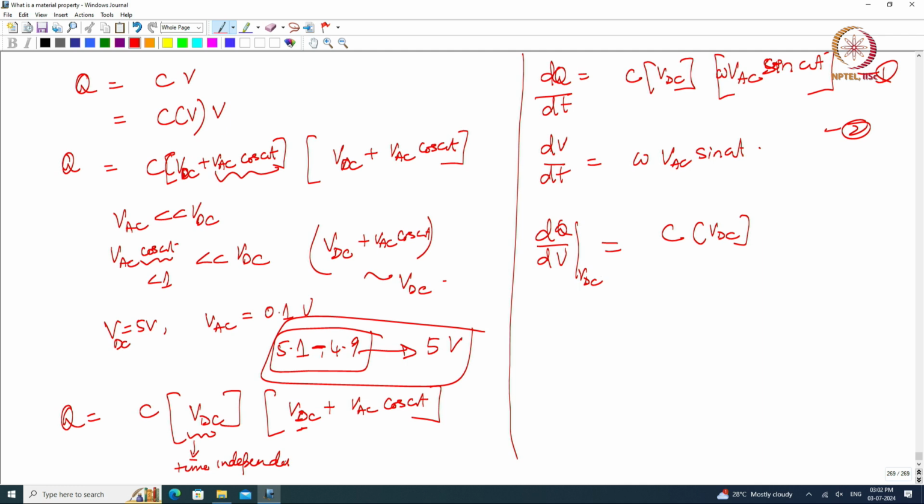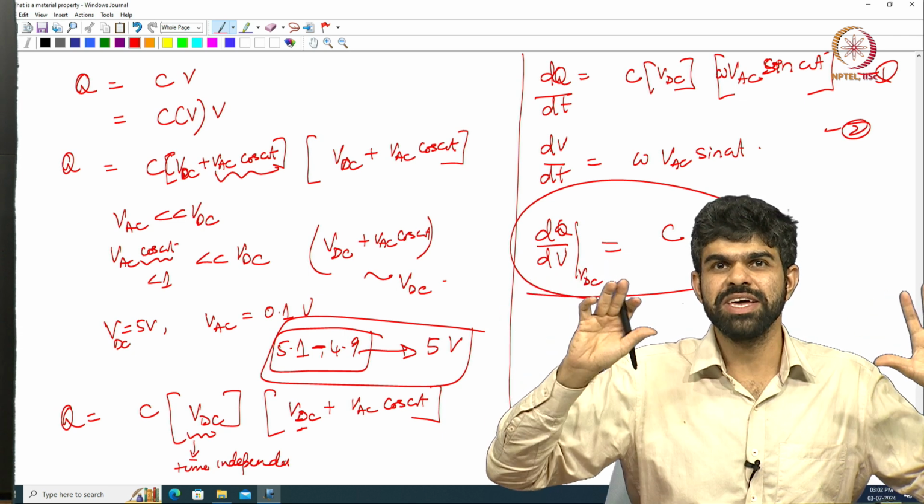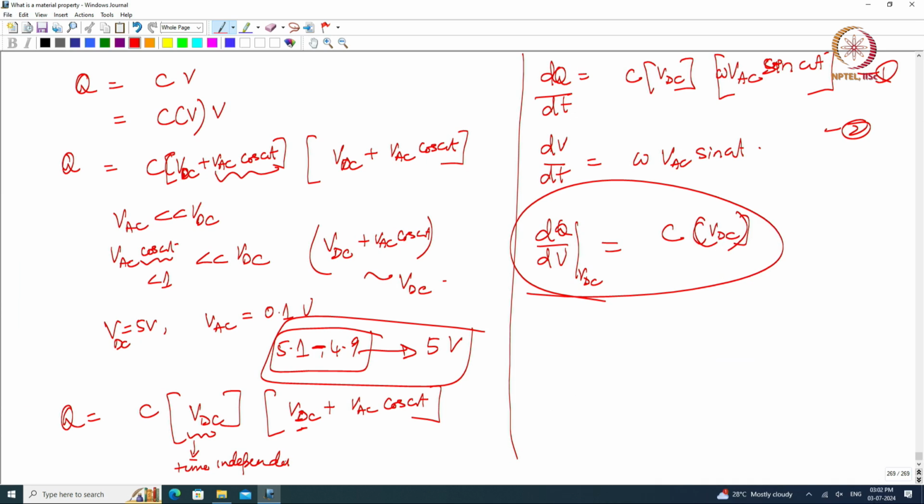This directly gives me the value of capacitance. It does not care about the time varying nature of capacitance. The time varying part is in the AC term, which is a very small term, and the voltage variation of capacitance is in the DC term. So, capacitance at 5 volts is considered to be the same as capacitance at 4.99 volts.